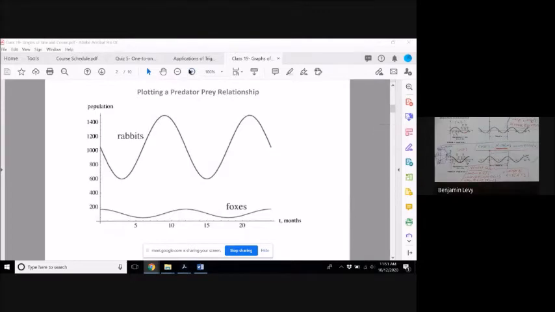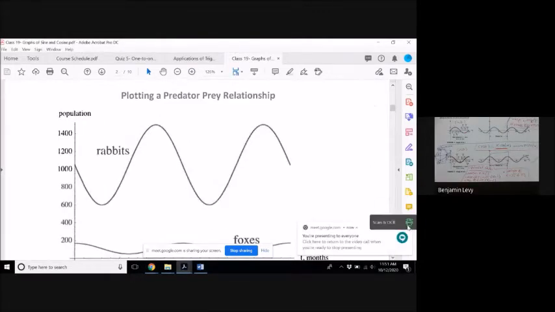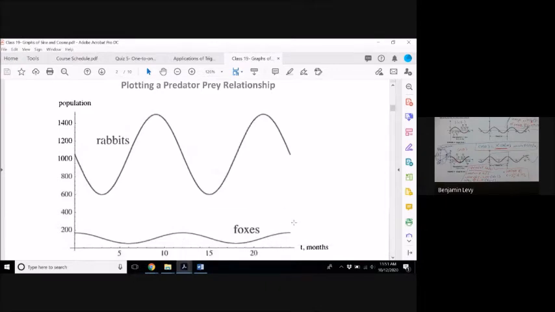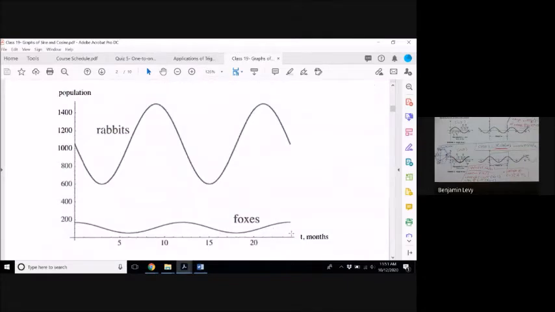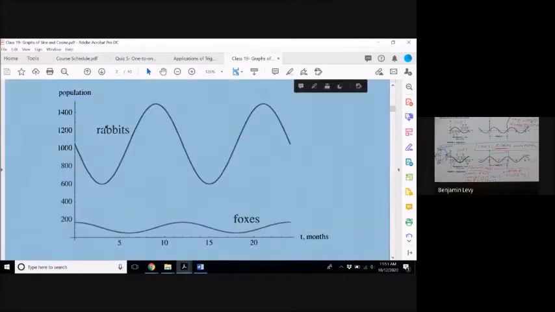The first thing that we sometimes use trig functions for is plotting the relationship between predators and prey. Here's a predator-prey relationship being plotted. You can see we're plotting rabbits and foxes, and we have time on the x-axis, like months down here, and population on the y-axis.